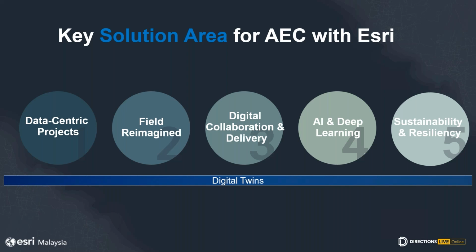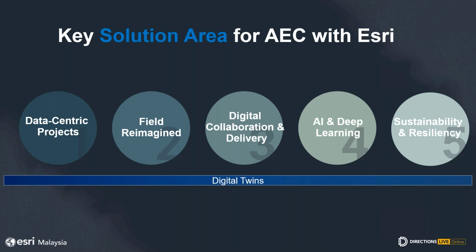There are another three solutions: digital collaboration and delivery, where we use ArcGIS to facilitate seamless teamwork and project delivery; AI and deep learning, where we can leverage advanced analytics and machine learning for improved insight; and lastly, sustainability and resilience, which we use to ensure environmentally friendly and resilient project outcomes.